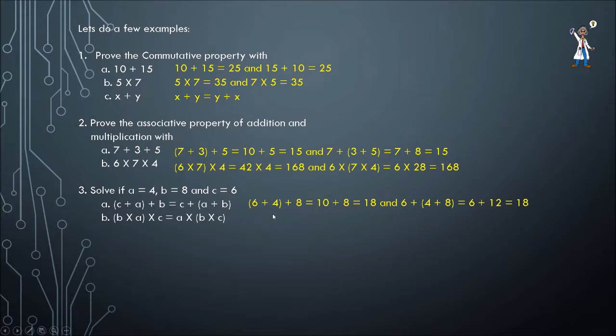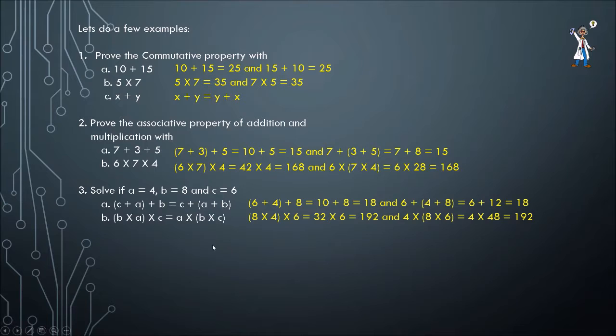So 6 plus 4 is 10, plus 8 is 18. Let's swap it the other way around. We say C, which must be 6, plus, then group together A plus B, 4 plus 8, gives me 6 plus 12, and that also equals 18.